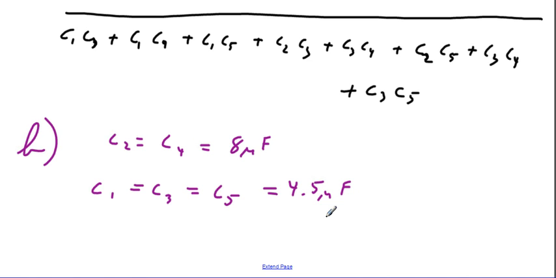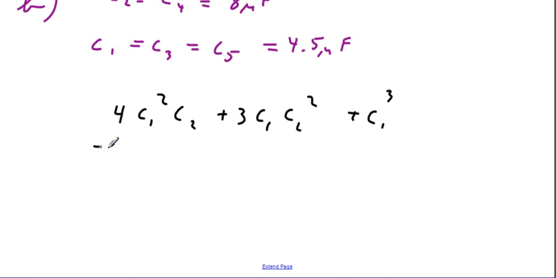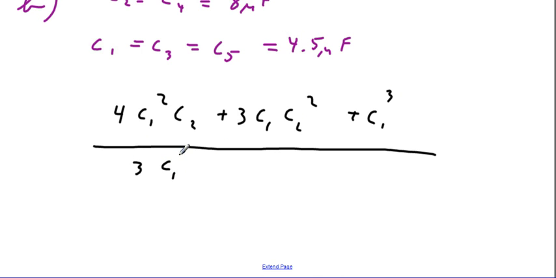Okay, so if it's not too small a print, we can look at our equation and we can see that we're going to get 4 times C1 squared C2 plus 3 C1 C2 squared plus C1 cubed, divided by 3 C1 squared plus 4 C1 C2 plus C2 squared.